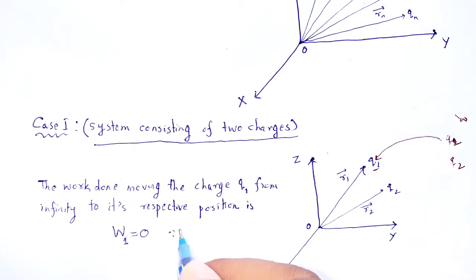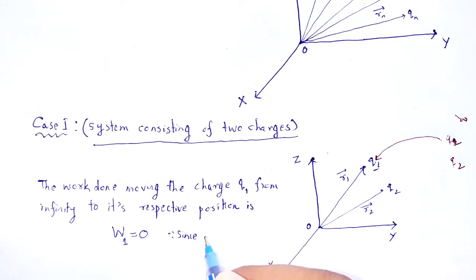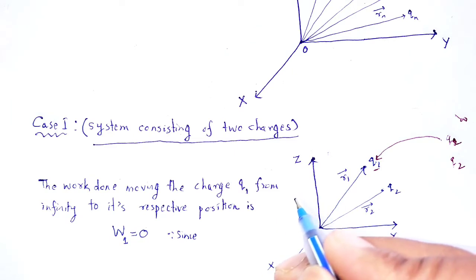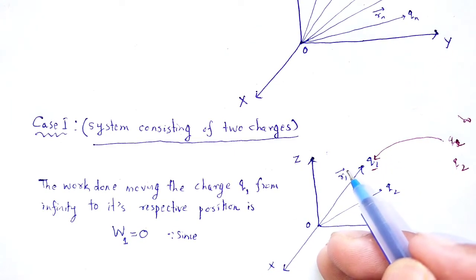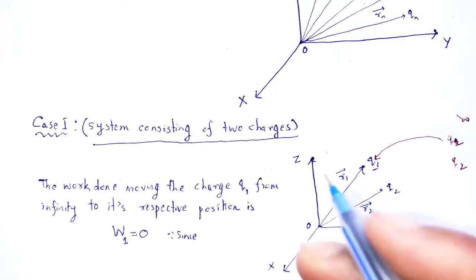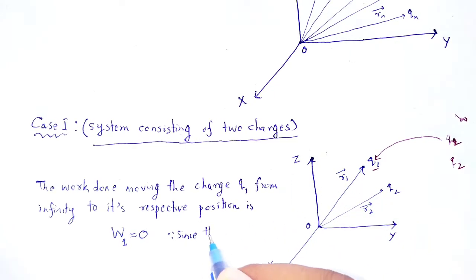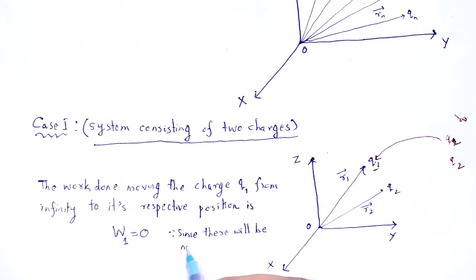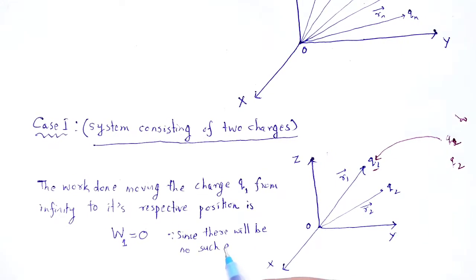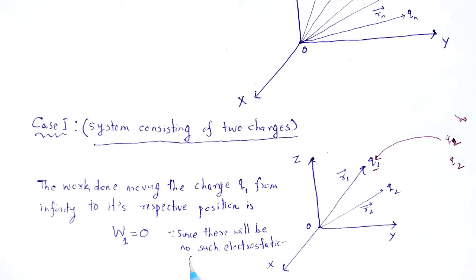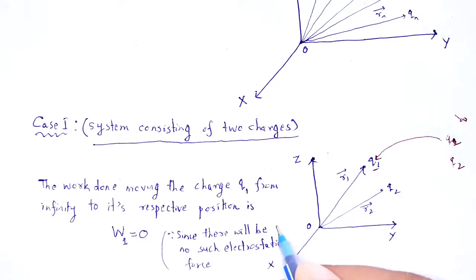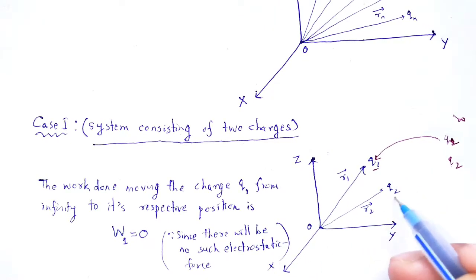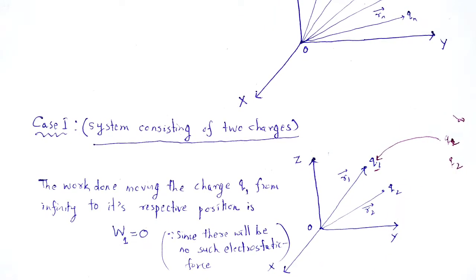Why? Since q1 has not been moved against any electrostatic force, because there is no such electrostatic force; the charge q2 also is at infinity.